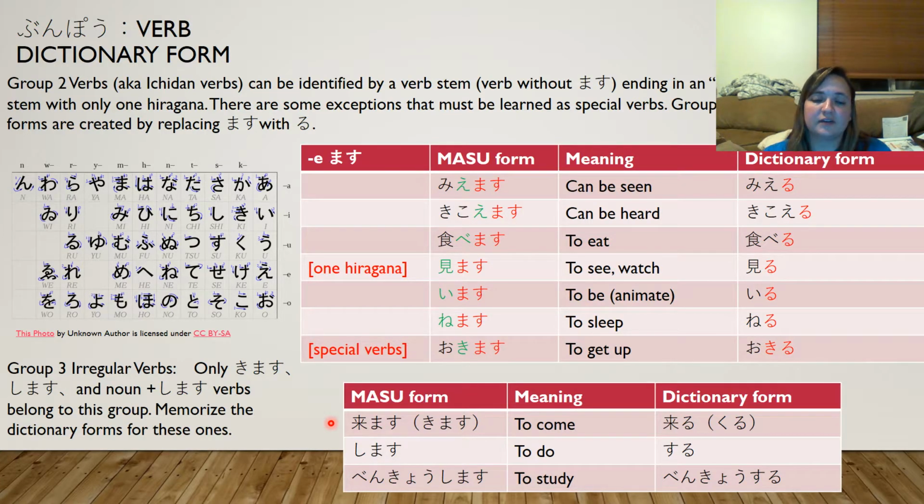And of course, any of our noun verbs are going to become suru as well. So benkyou shimasu becomes benkyou suru. Okay. And again, when it comes to these ones, you're just going to have to memorize the patterns for these 3. So again, make sure you take good notes. ノートをよく書いてください. And we'll move on.